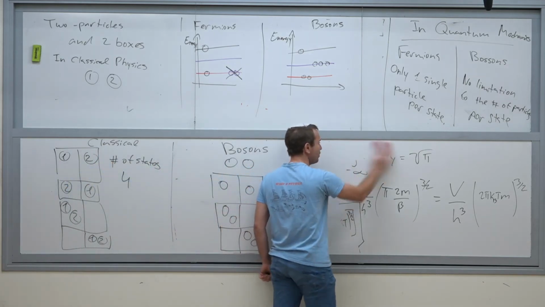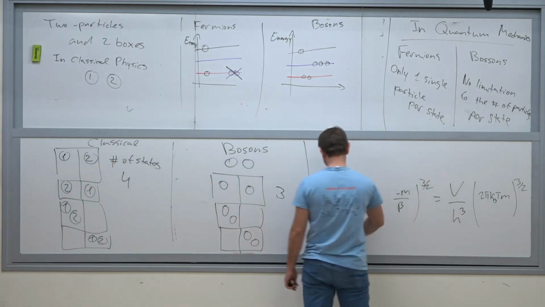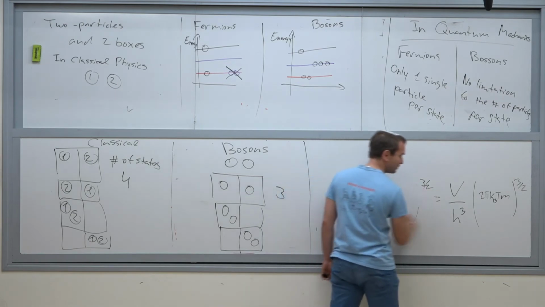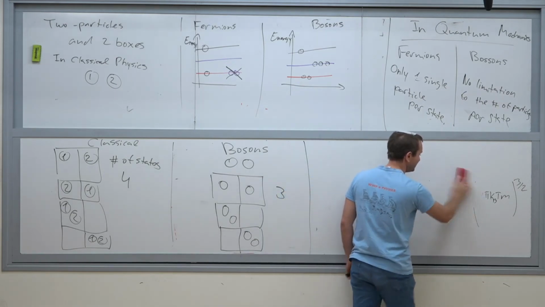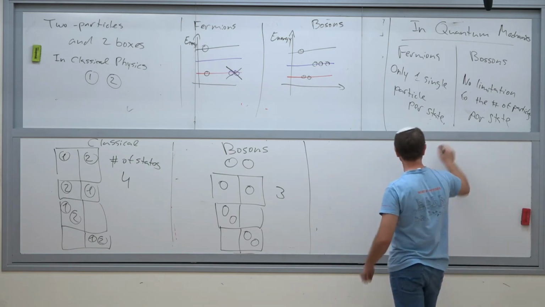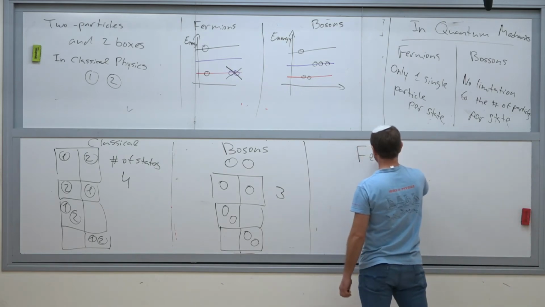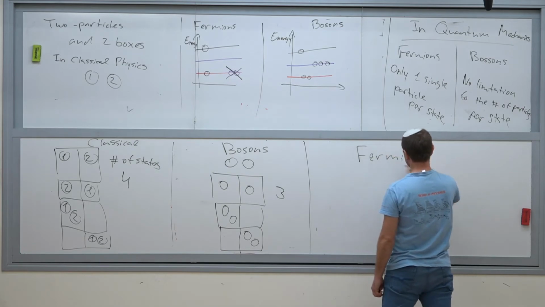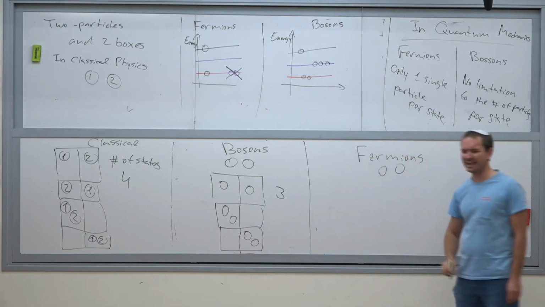Okay, and now we go to fermions. What happens to fermions? Again, the particles are exactly identical.